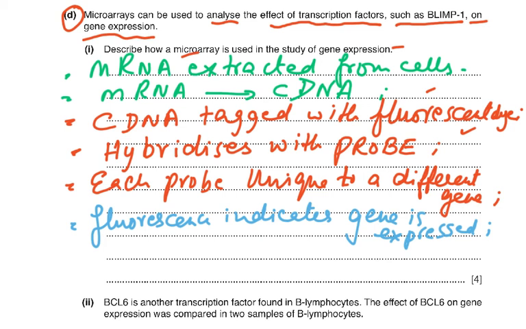Each probe is unique to a different gene, and fluorescence will indicate whether the gene is expressed or not. And of course, you can give me a little more about the details of the probe, and the use of the UV light to see how the different colors are expressed. So 4 marking scheme points, direct question, very simple. You need to learn these points and you need to do any question on microarray.